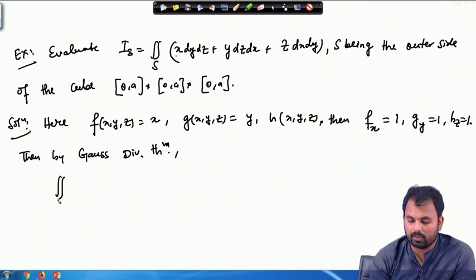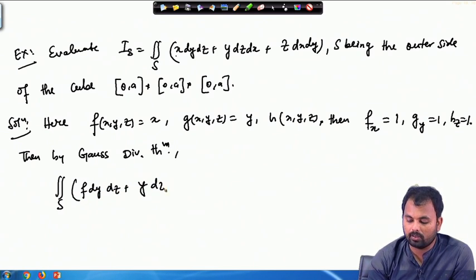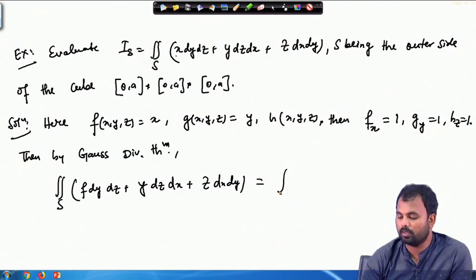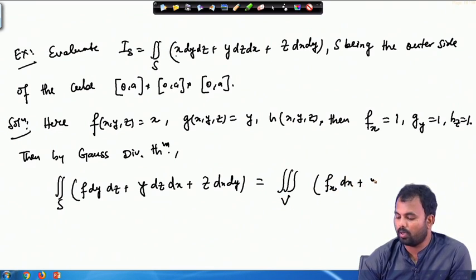we will have the surface integral of f dy dz, g dz dx and h dx dy equal to the volume integral of f x, g y and h z.